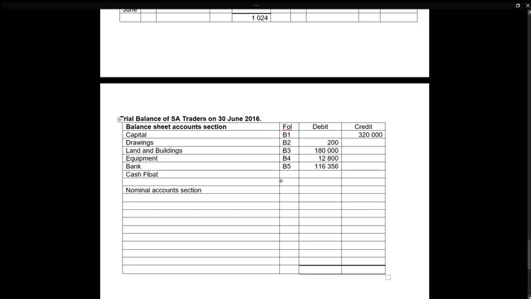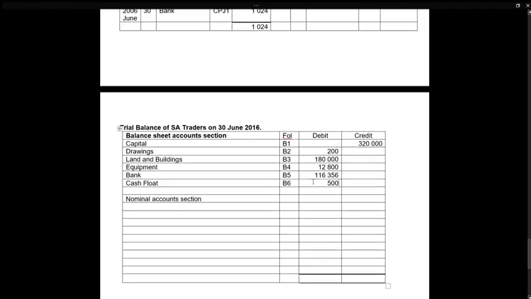Cash float was B6, and the amount was R500. Seems that I missed something somewhere. Let me just quickly have a look. I missed trading stock. My bad.